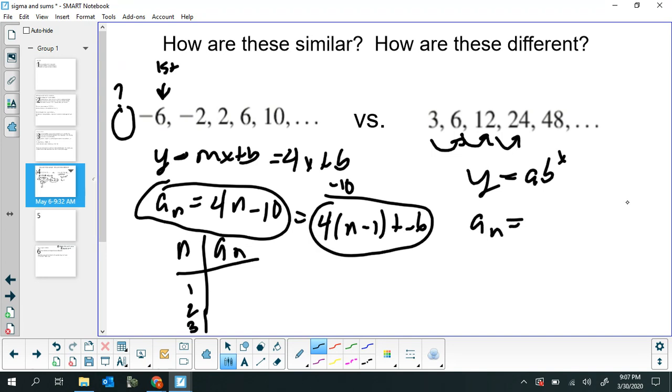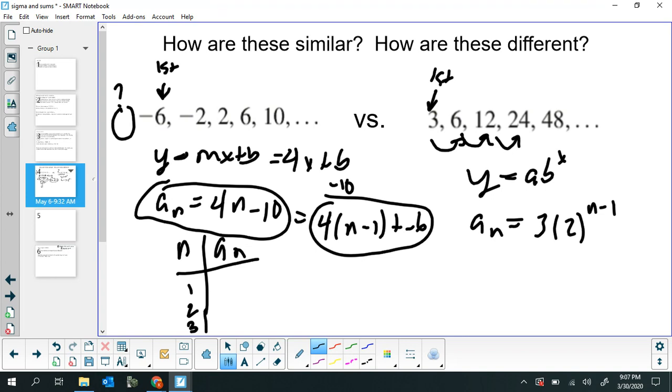I want to make sure that as I use a table, the first term is 3. So an easy way to do that is to say that I'm going to do 3 times 2, and instead of saying 3 times 2 to the x, I'll just say to the n minus 1. That way I haven't multiplied by 2 yet for the first term. I need this to be the first term.